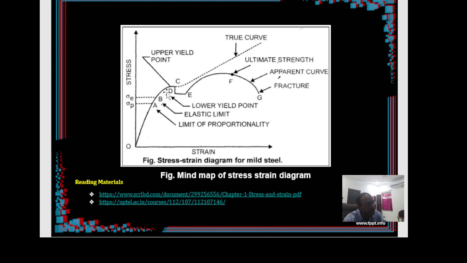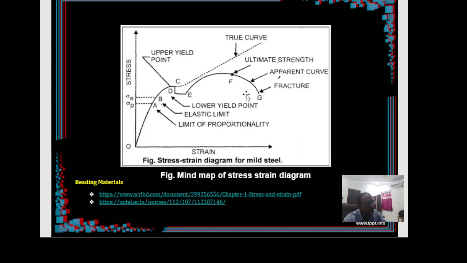Beyond that, there is no more elasticity, and the material starts yielding, which means permanent deformations will set in, and the material cannot be recovered. And the two points called C and D are the upper and lower yield points. For all design purposes, we'll be using the lower yield point. And the other important point is where the maximum strain happens, right?